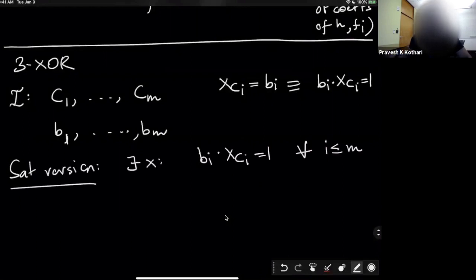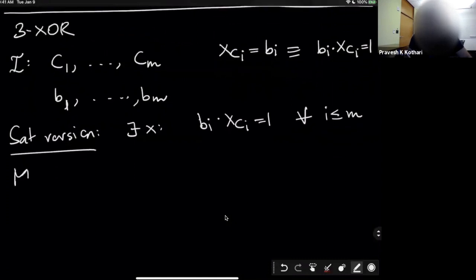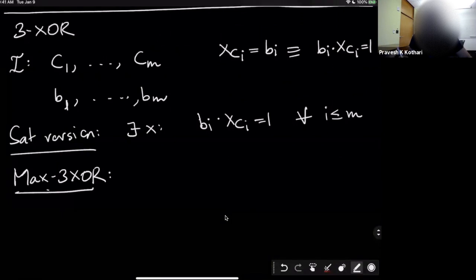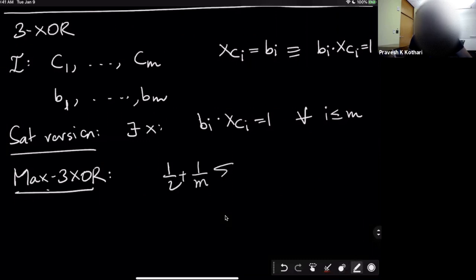We actually considered the max 3 XOR problem, or at least we started talking about it, where we defined this polynomial I, which was half plus 1 over m sum of BI X_CI. We called this val I, maybe 1 over 2m, whatever.